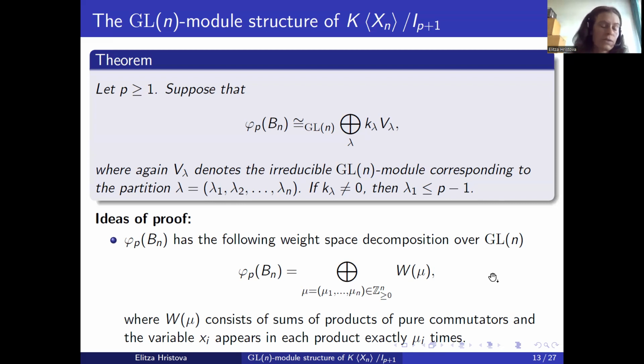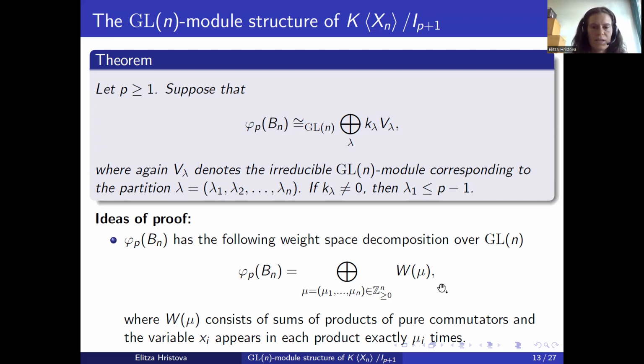So first, it is not difficult to see that if we take the weight space decomposition of the subalgebra of proper polynomials, then the weights are indexed by n tuples of non-negative integers, and the weight space that corresponds to a weight mu consists of sums of products of pure commutators, such that the variable xi appears in each product exactly mu i times.